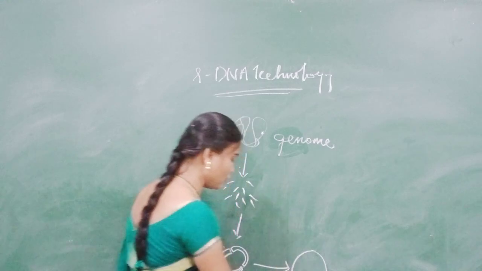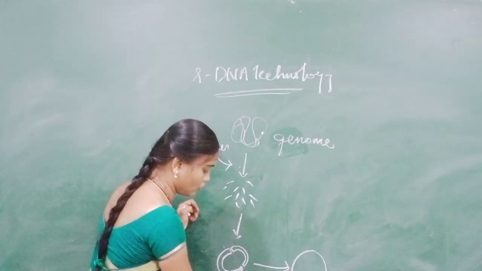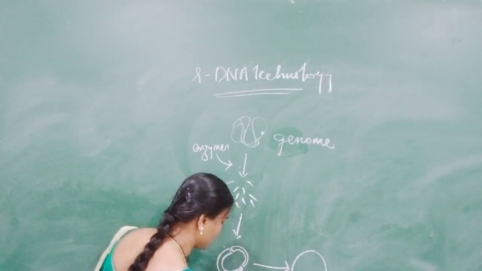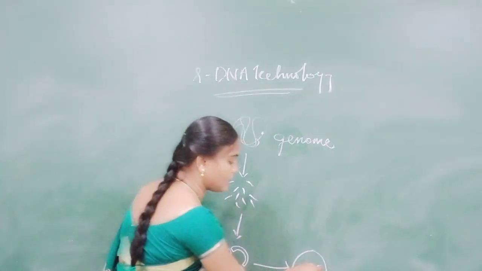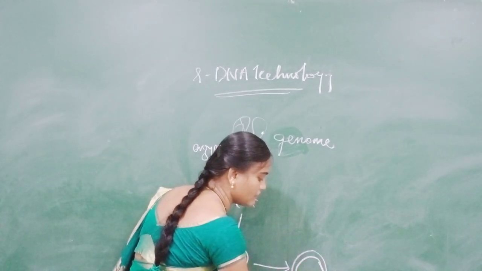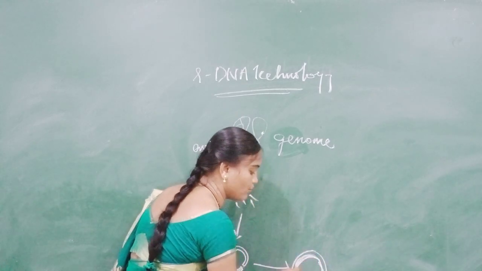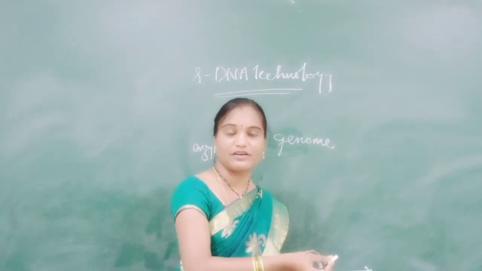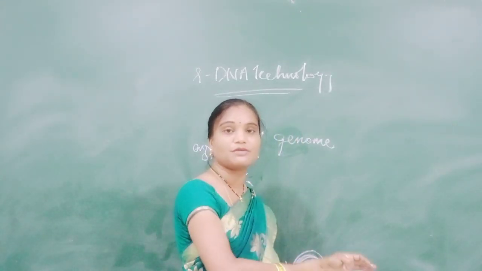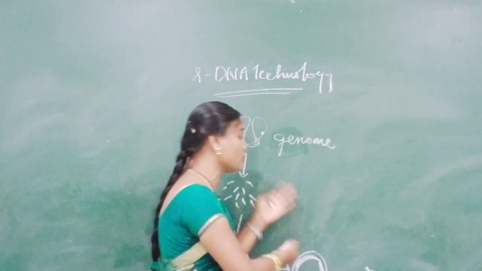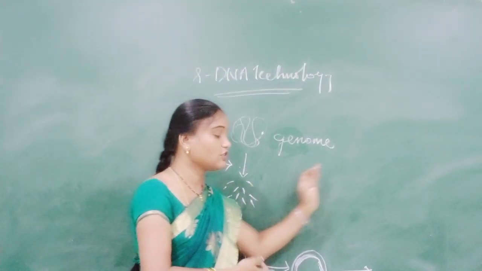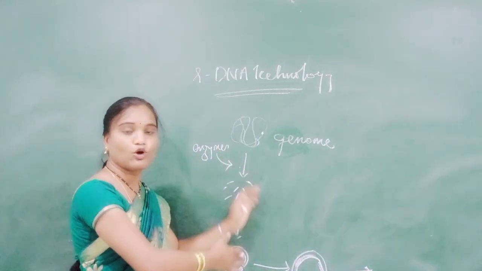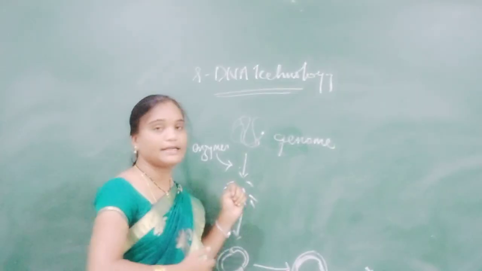So the insert DNA molecule plus your vector DNA molecule is your rDNA molecule, and this rDNA molecule is allowed to grow into more colonies in E. coli. The E. coli is left for several generations, and this organism will produce the desired gene. This is the overall flow chart of your RNA technology in simple terms.